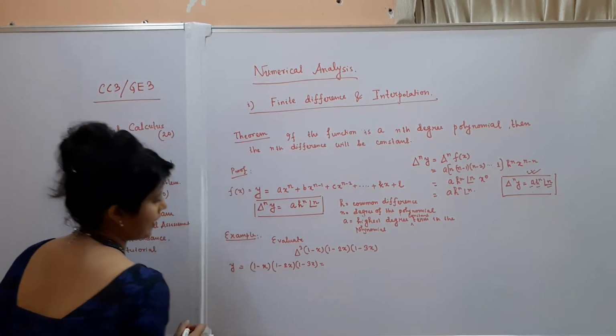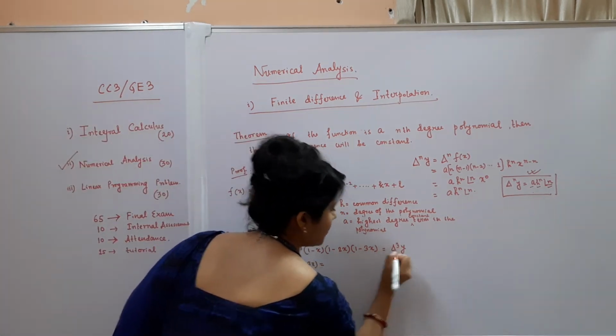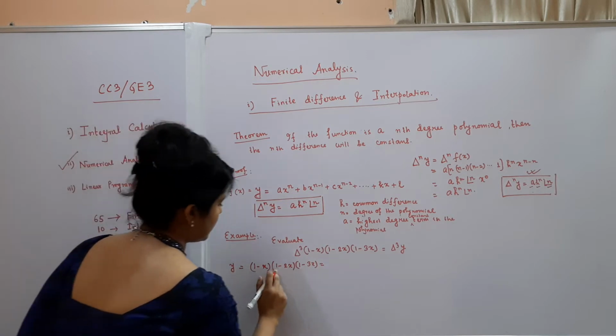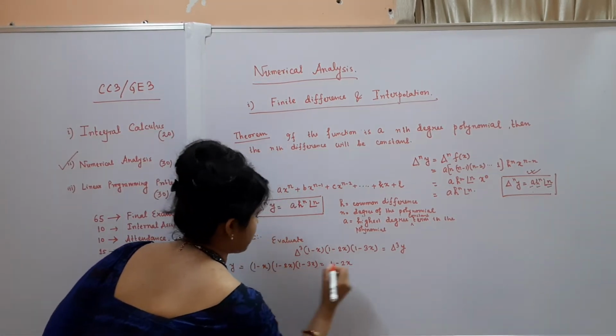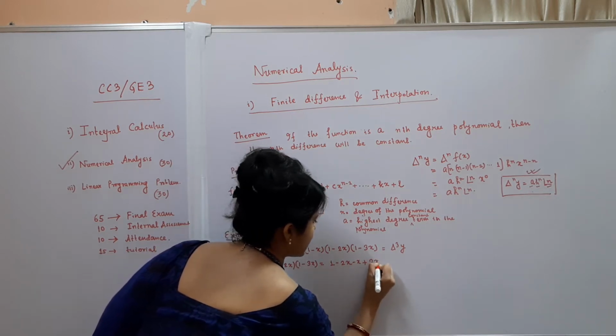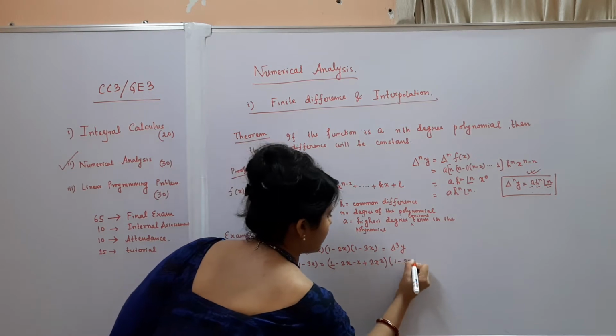So I can expand the factorized form like this. So you can write y is equal to, so you have to find delta cube y. If you want to expand, 1 minus 2x minus x plus 2x square, then 1 minus 3x.